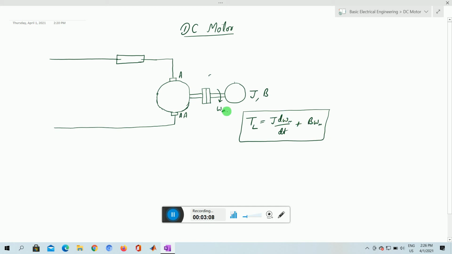Omega m is the mechanical speed with which it is rotating. And the torque produced by this motor is the electromagnetic torque Tm.